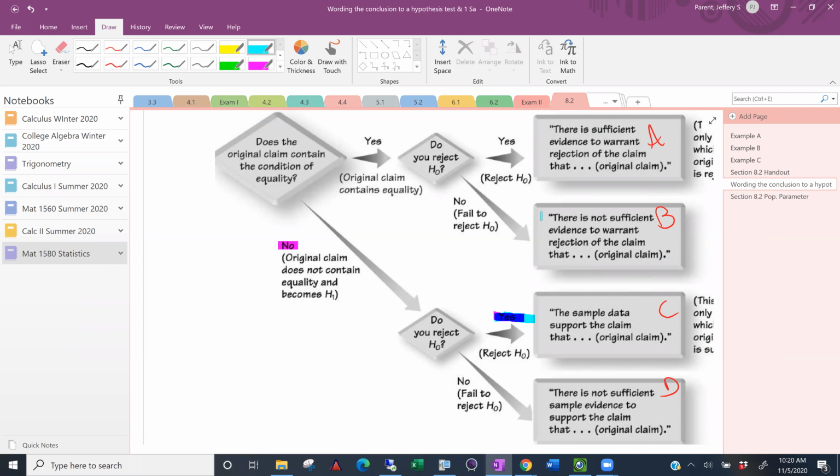The sample data support the claim that, and then we're going to put the original claim in words. Sample data support the claim that the mean weight loss is greater than 0.